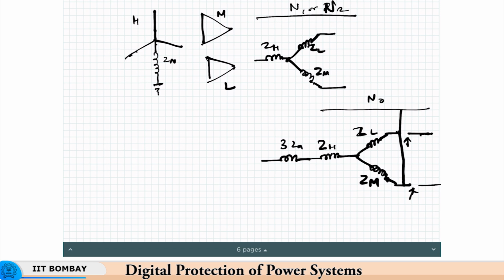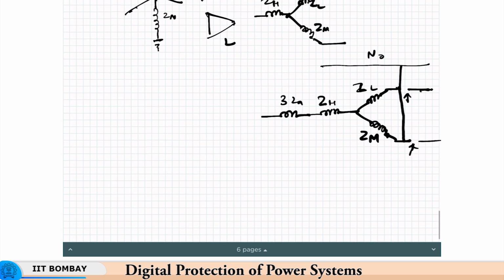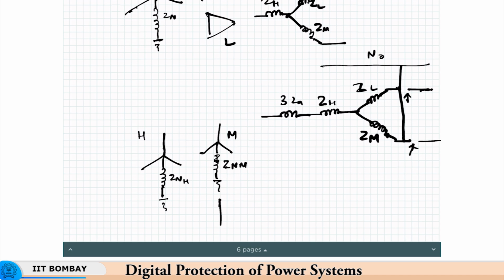Now, say one of the two windings was again a star winding with or without a grounding impedance, say H with ZNH, and M was also a star with ZNM, and L is a delta. The positive and negative sequence networks are the same as this.